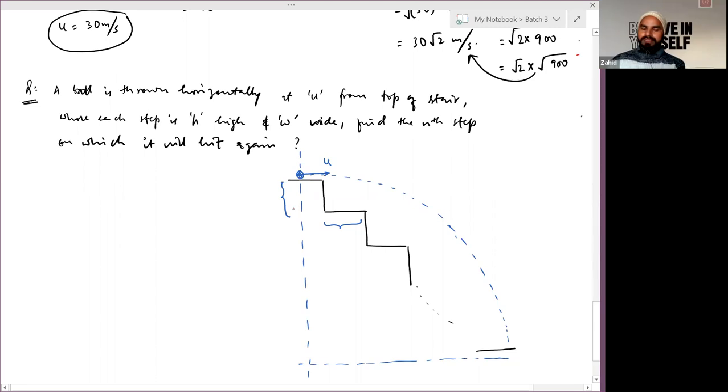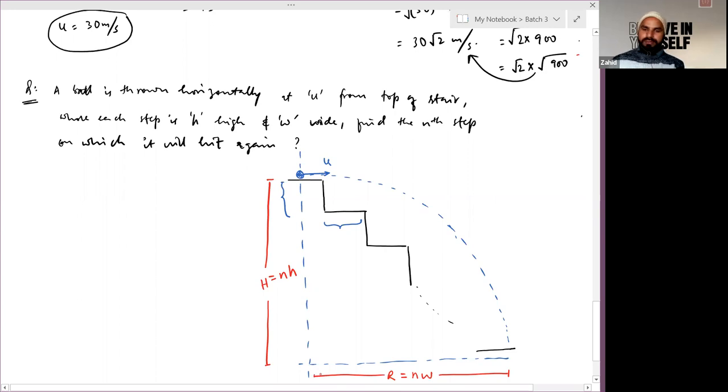as each step is h unit in height, the total height from the point of projection to hitting the nth step will be n times h. The total horizontal distance from the point of projection till it hits the nth step would be the range, and it would be equal to n times w from this point to this point.